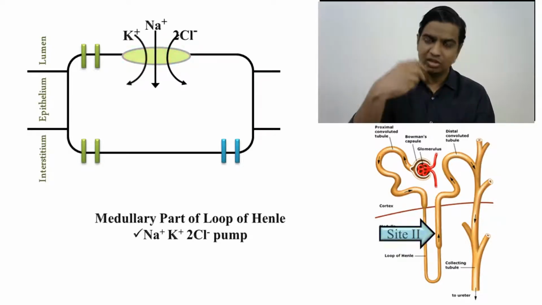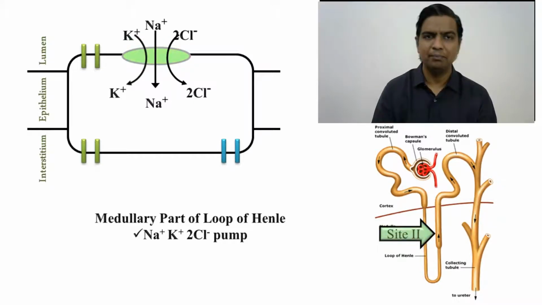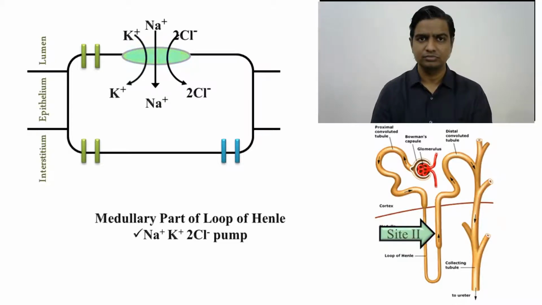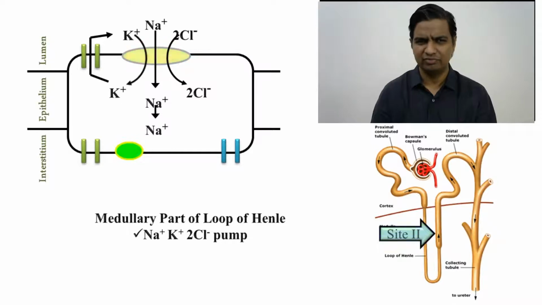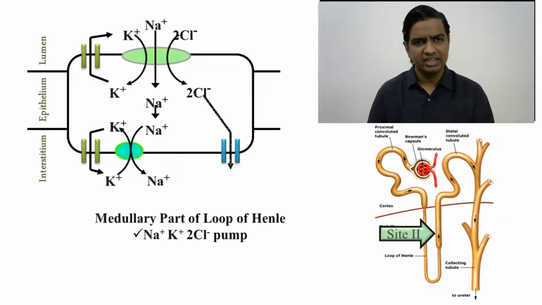The pump then undergoes a conformational change. Of course, ATP is spent and Na+, K+ and 2 chloride are reabsorbed. Then we have the sodium potassium ATPase pump, which exchanges Na+ with K+, and sodium goes back into the interstitium and chloride is sent back to maintain isotonicity.